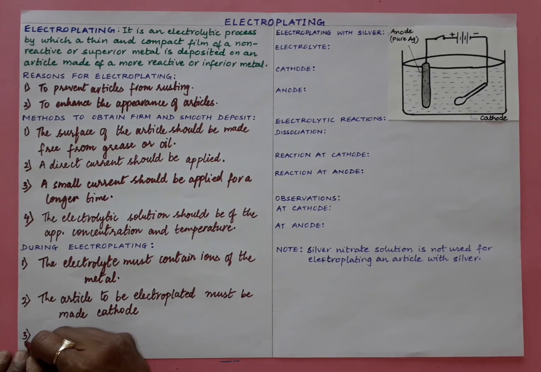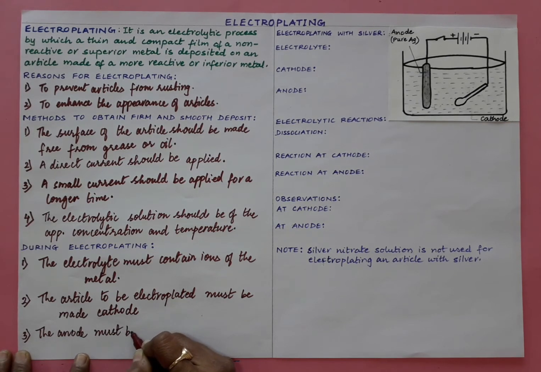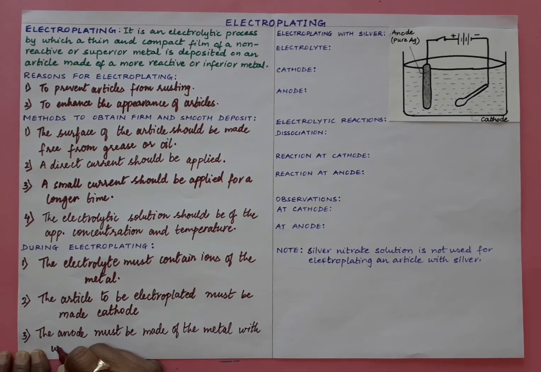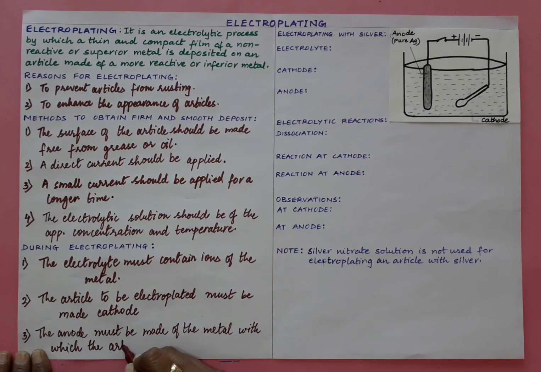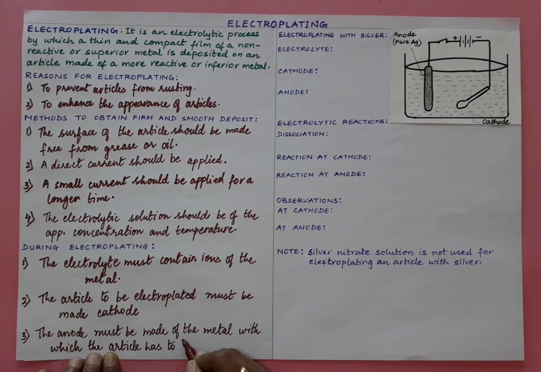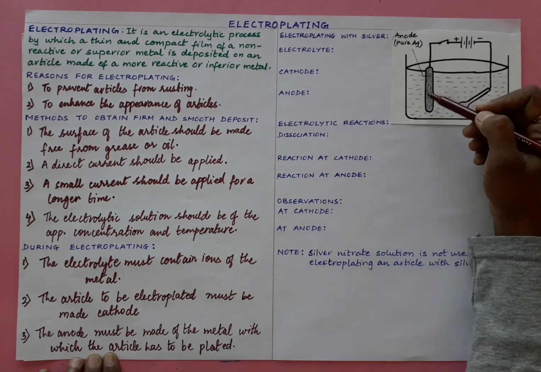Now third point is the anode. The anode must be made of the metal with which the article has to be plated. That means here this anode is made up of silver.